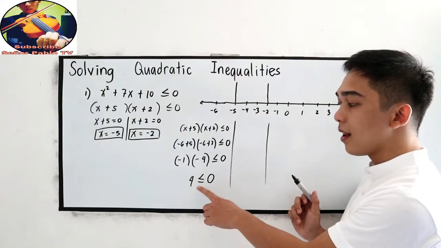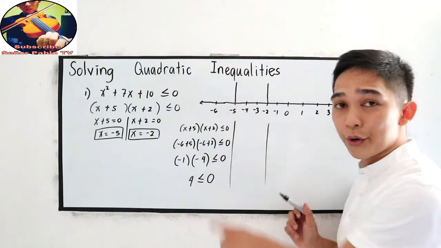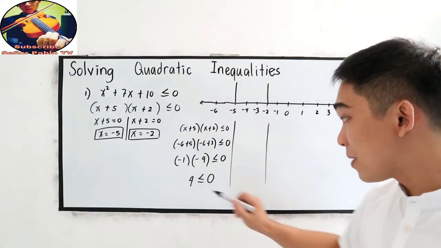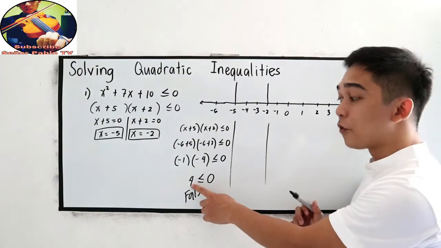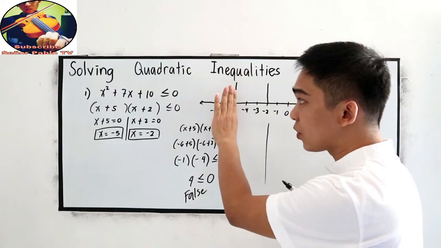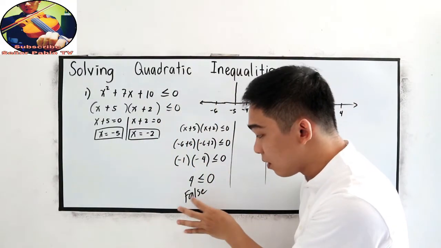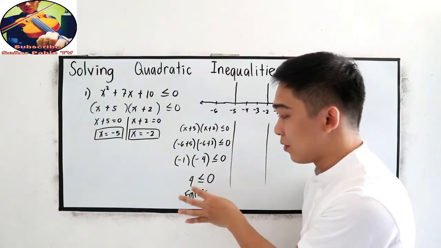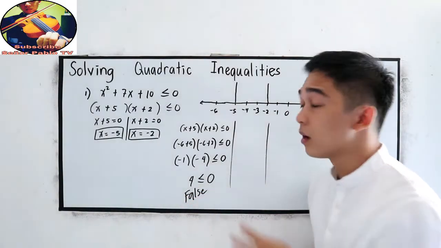Is 4 less than 0? No. So that means this is false, because 4 is greater than 0. So that means all the numbers on the left side of negative 5 are not included, because it doesn't match. So this is false.